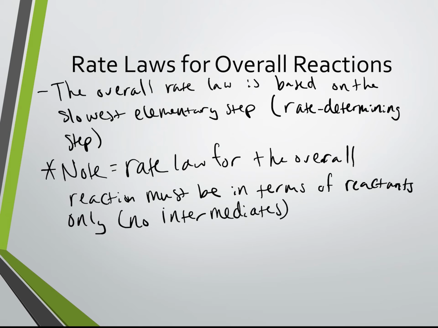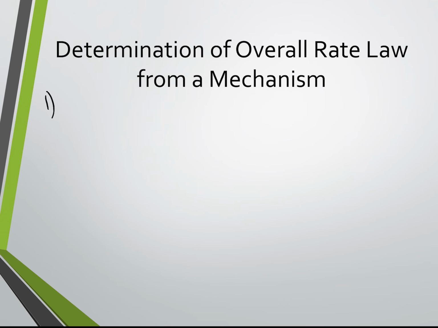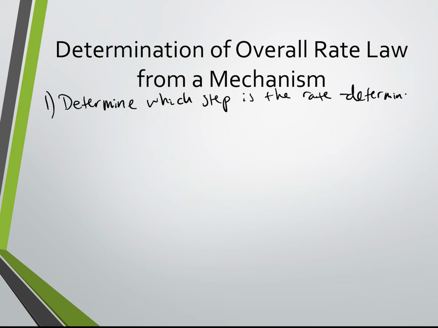Okay. So how do we do this? How do we write an overall rate law based on a mechanism? Well, the first thing you need to do is determine which is the rate limiting step. It will be really easy.